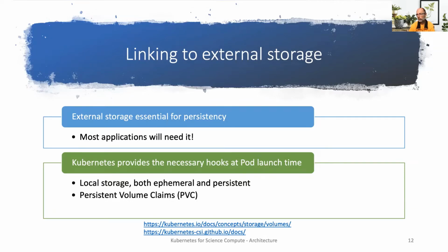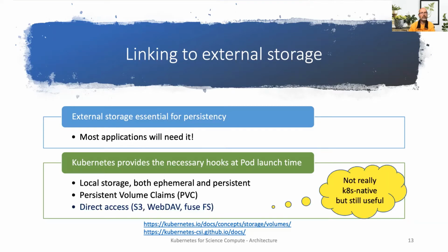And you can have a true distributed file system, which is managed through something called persistent volume claims. We'll see that in more detail later. Just don't forget that you can also move data in and out explicitly, which is not actually handled by Kubernetes directly, but you would probably want to do it anyway.